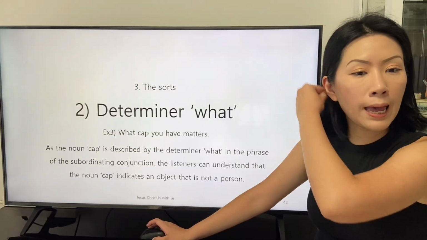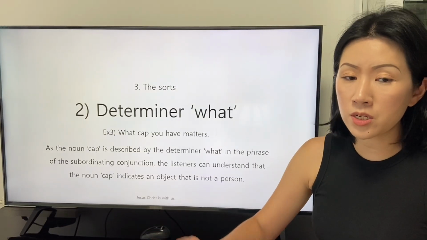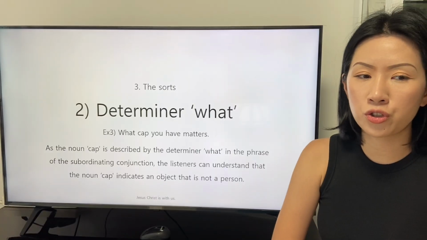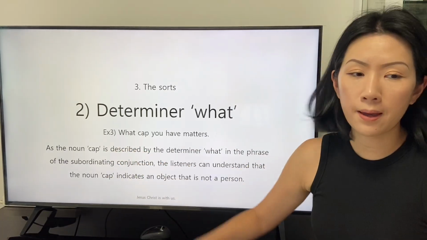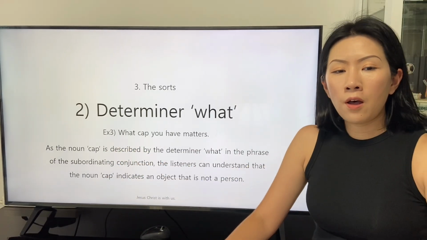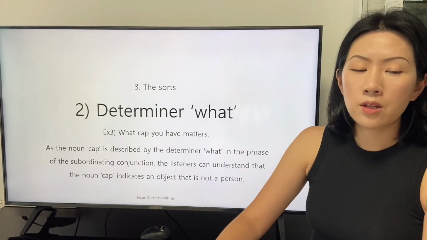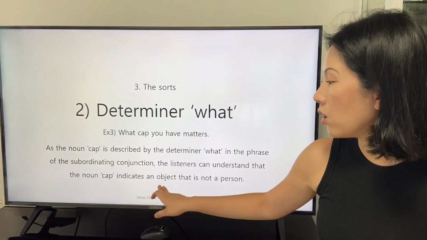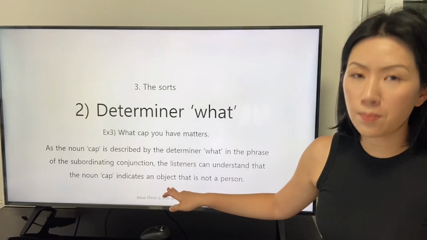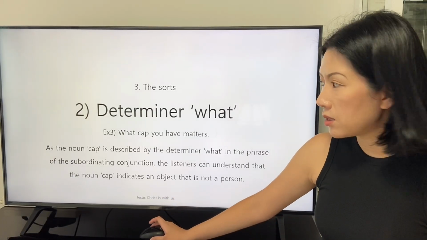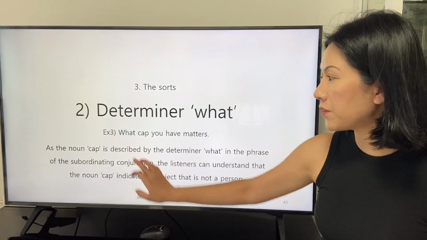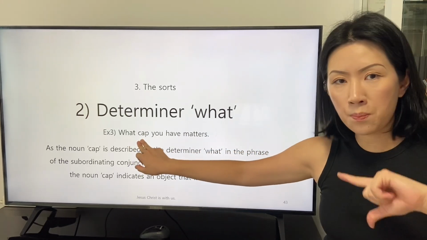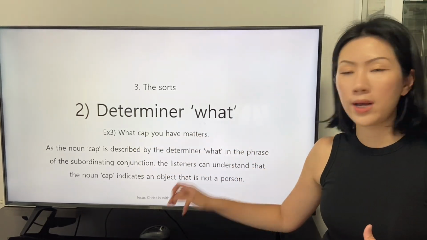As a noun, cap is described by the determiner what in the phrase of the subordinating conjunction, what cap. The listeners can understand that the noun cap indicates an object that is not a person. This is obvious from the definition of the noun cap and the premise to apply the determiner what.